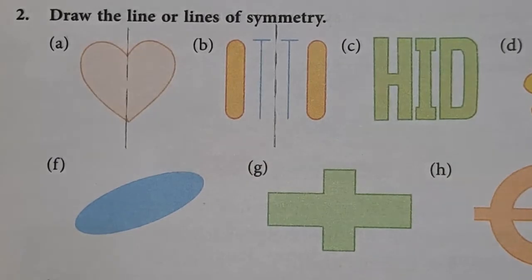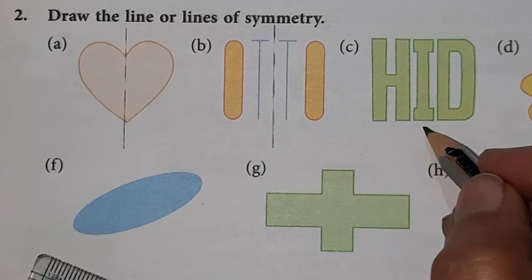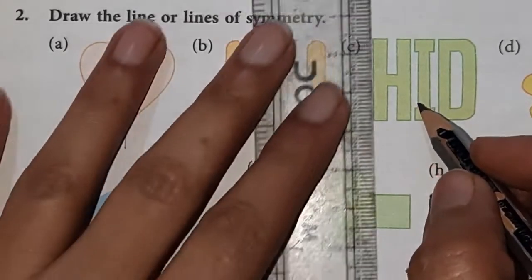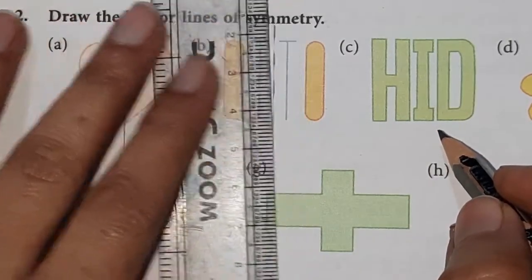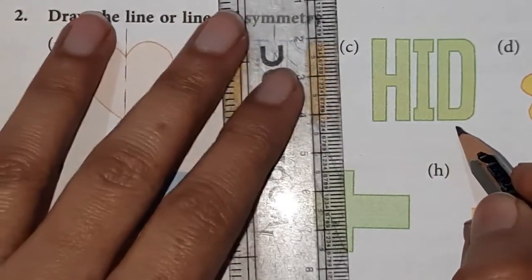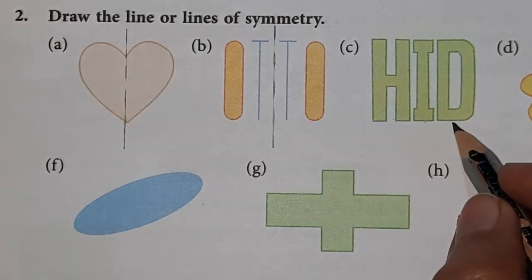So no line of symmetry will be there. Line of symmetry in this H. This is complete one. HID.